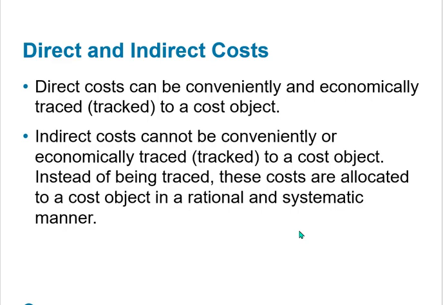Instead of being traced, these costs are accumulated to a cost object in a rational and systematic manner, the best you can do. Like the salary of a plant administrator at BMW, as an example, is an indirect cost of a particular automobile because unlike the steel or the tires used, it's virtually impossible to trace the plant administrator cost to a particular car line. Okay?